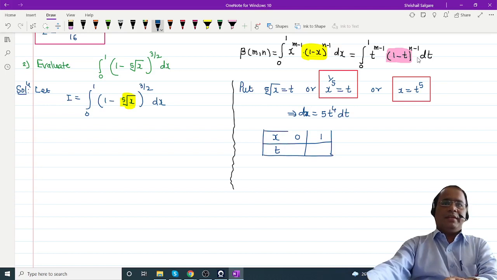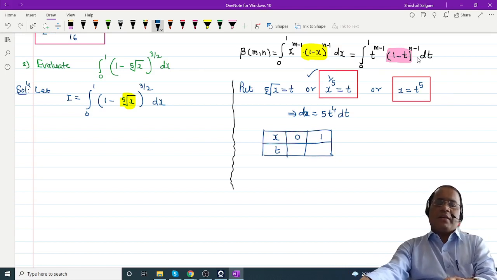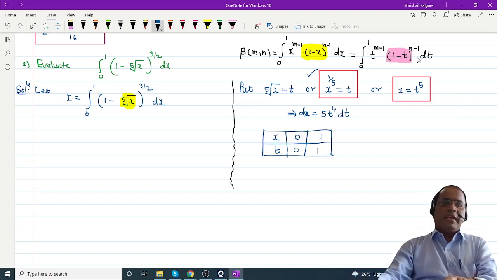You can use this relation to calculate t. If you substitute x equal to 0 in this relation, t will come as 0. And 1 raised to anything again will come as 1. So the new limits of the integral are also from 0 to 1.